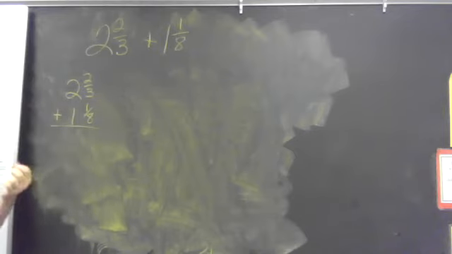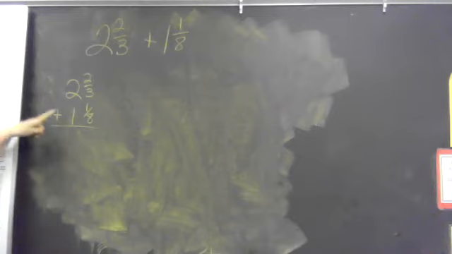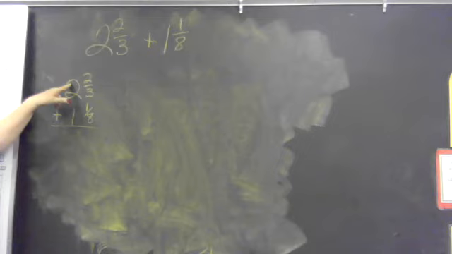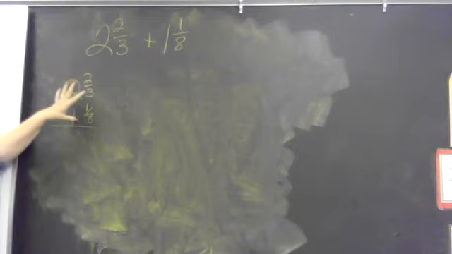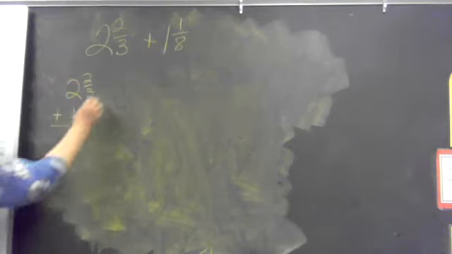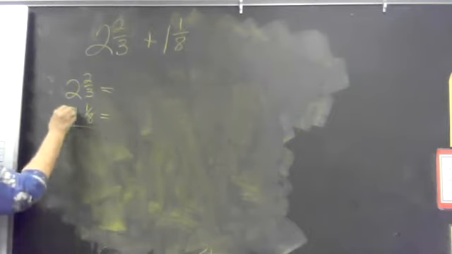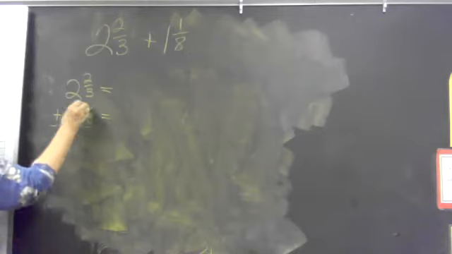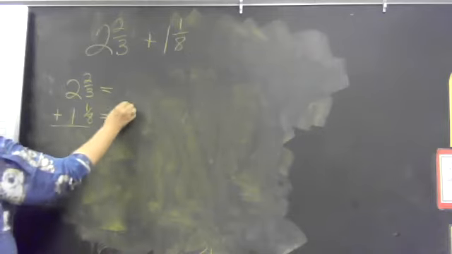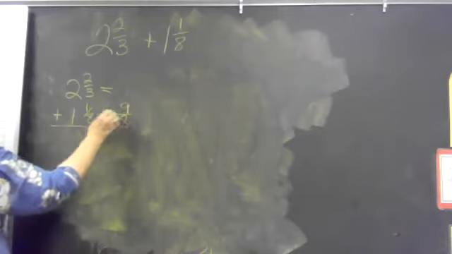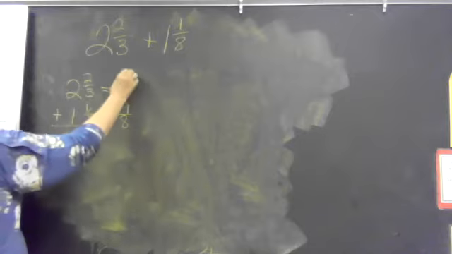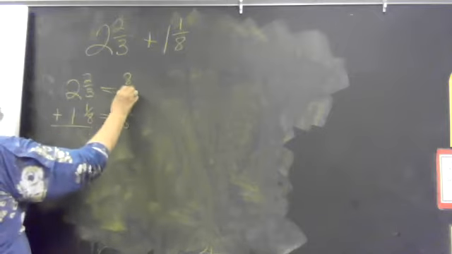But I found out the simpler way is to go ahead and change this to an improper fraction, change this to an improper fraction before we find common denominators. Okay? So this is, remember, 1 times 8 is 8 plus 1. So we have 9/8 and we have 8/3.